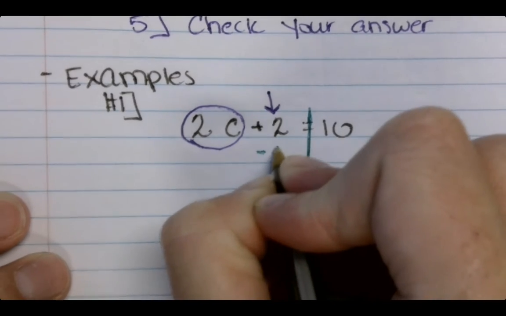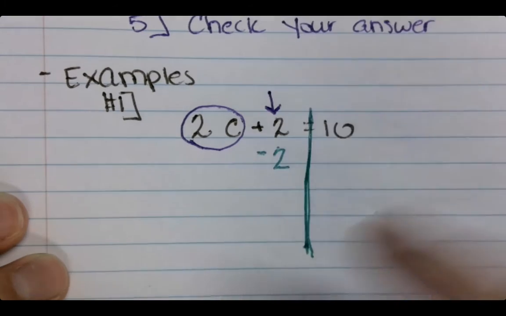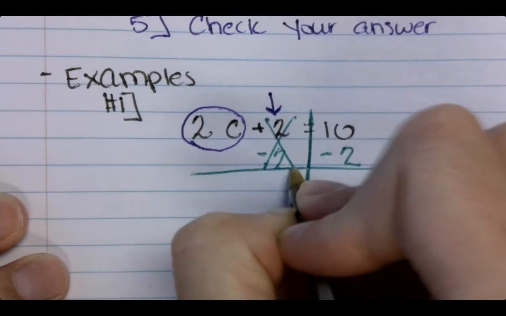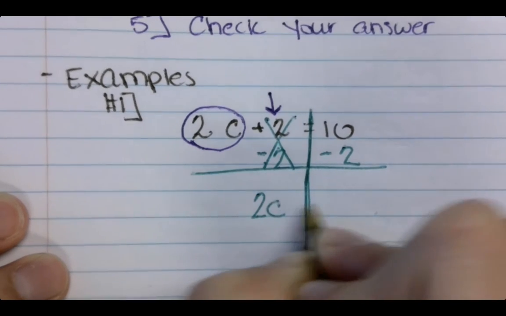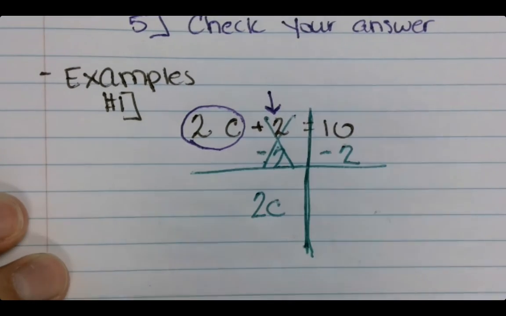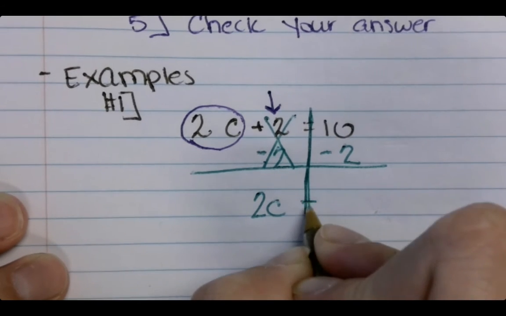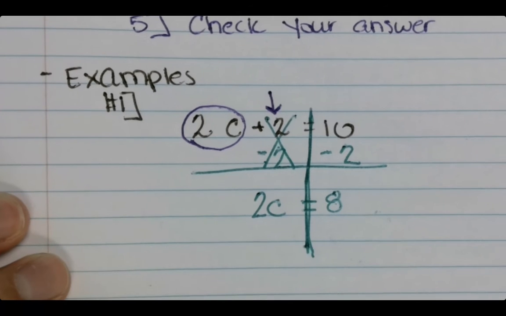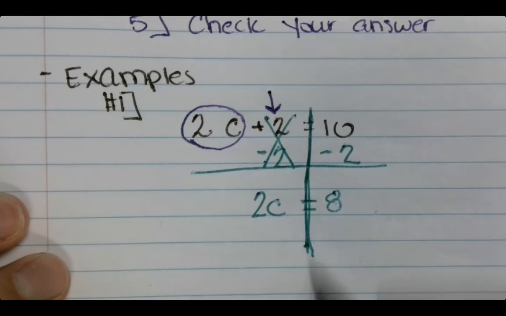Minus 2. And the reason I have my barrier is because I need to make sure that I do that on both sides. That leaves me with 2c on the one side and 8 on the other side. 10 minus 2 is 8.